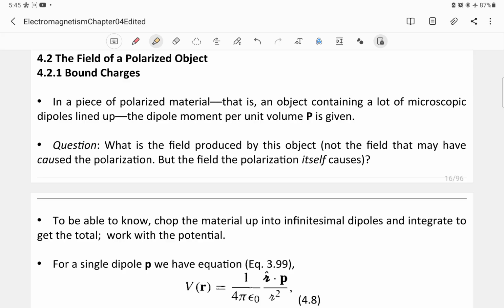So for a single dipole p, the potential is equal to this one here. If you review your chapter 3, you'll find that the potential due to the dipole moment p is just equal to this one.